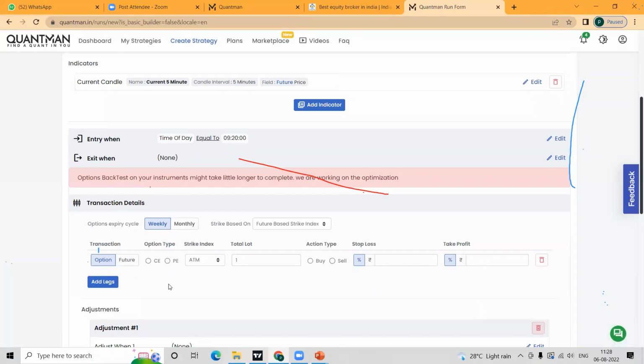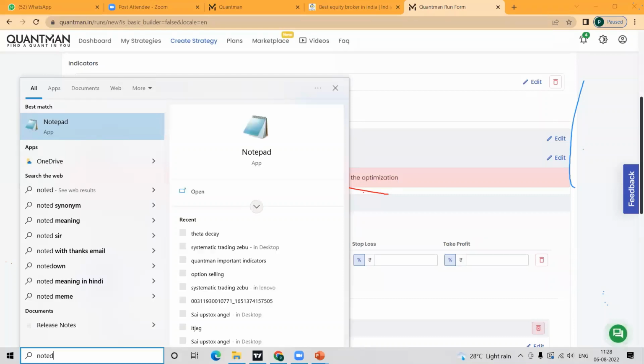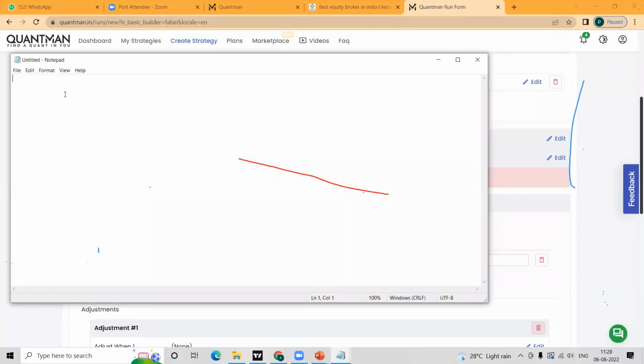So we don't know which direction the market will move. So I am going to sell the call option and the put option both at the same time. I am going to sell the call option at the money. At the money means, say for example, Bank Nifty is trading around 35,000. Then at the money is the 35,000 call and the 35,000 put.